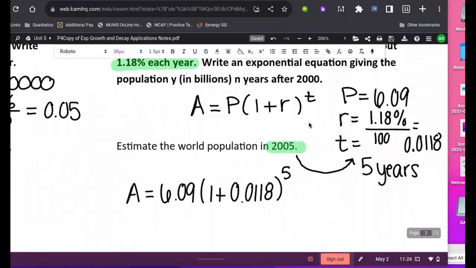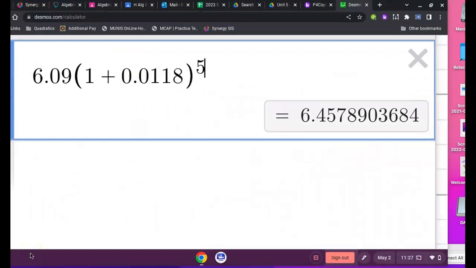So we'll go ahead and take a minute to type that into Desmos to estimate our population. So I typed it into Desmos. I got 6.4, and then this 7 is going to make this 5 jump up to a 6. So 6.46.